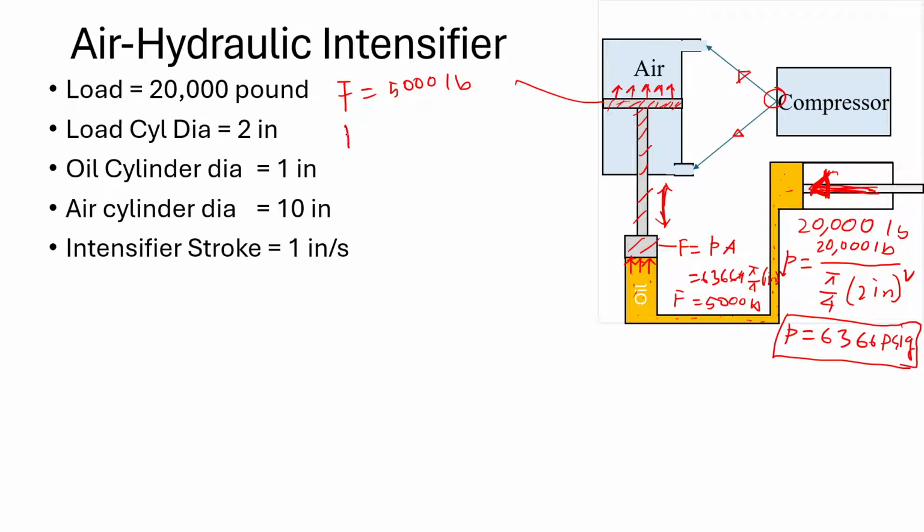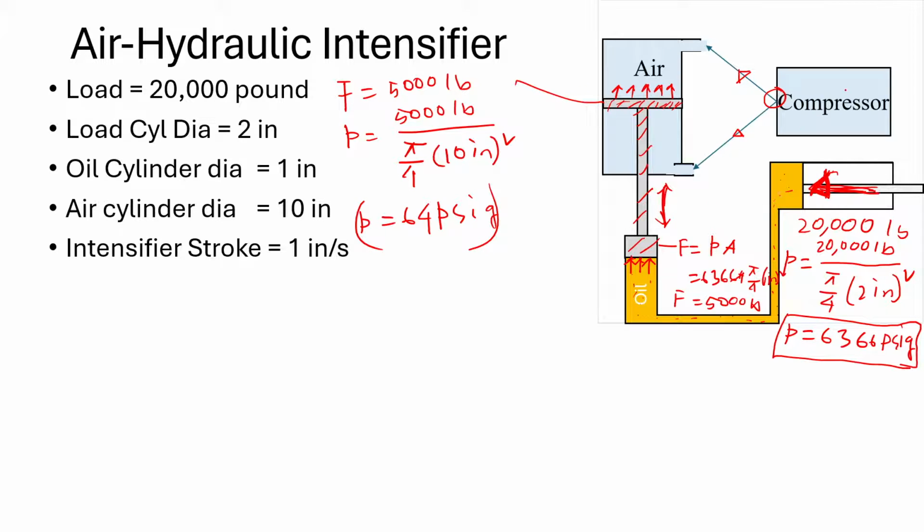You can calculate that pressure: simply 5,000 pounds divided by the area of this air piston, which is pi by 4 d squared, where 10 inches is given as the diameter. So that will be the pressure, which is only 64 psi gauge.